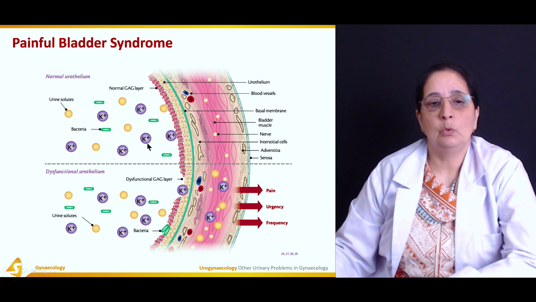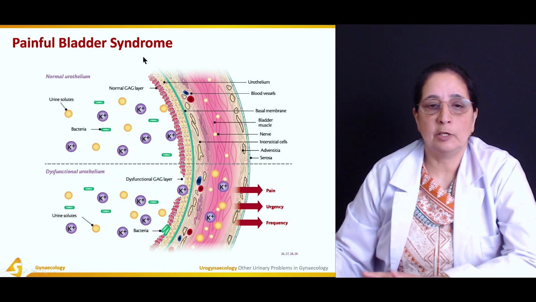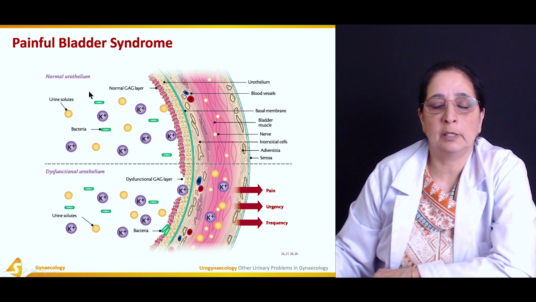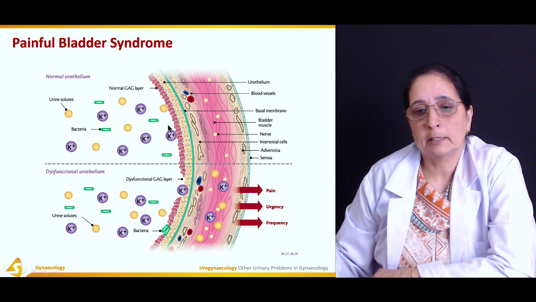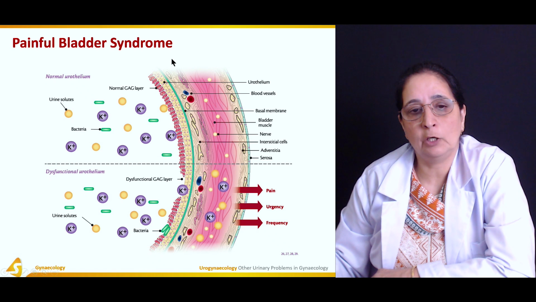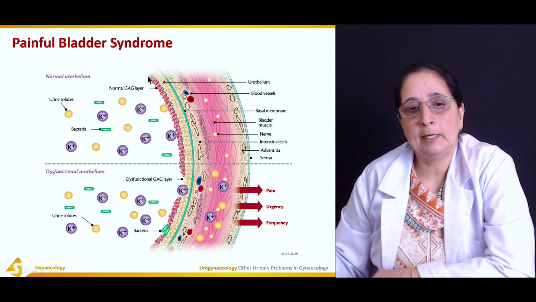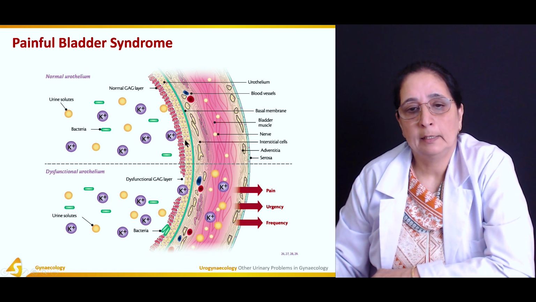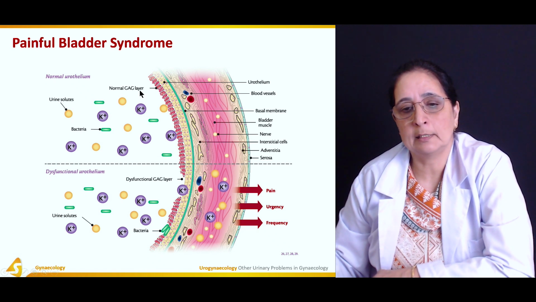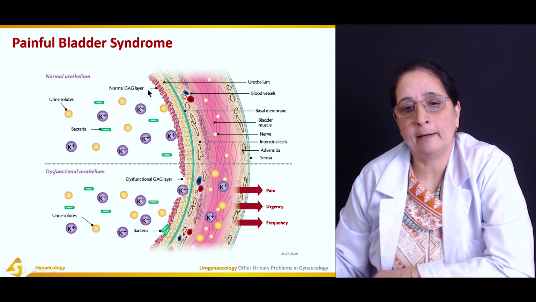What leads to painful bladder syndrome? If you see the normal urothelium, the normal structure of the epithelial lining of the urinary system, this is the normal GAG layer. Usually it is lined by the glycosaminoglycan layer here.